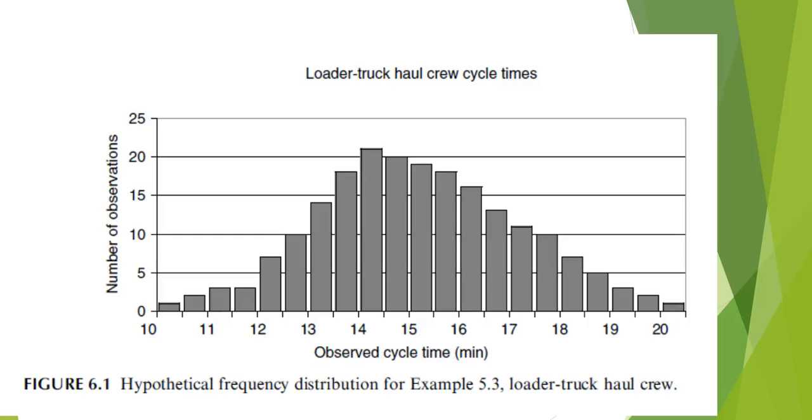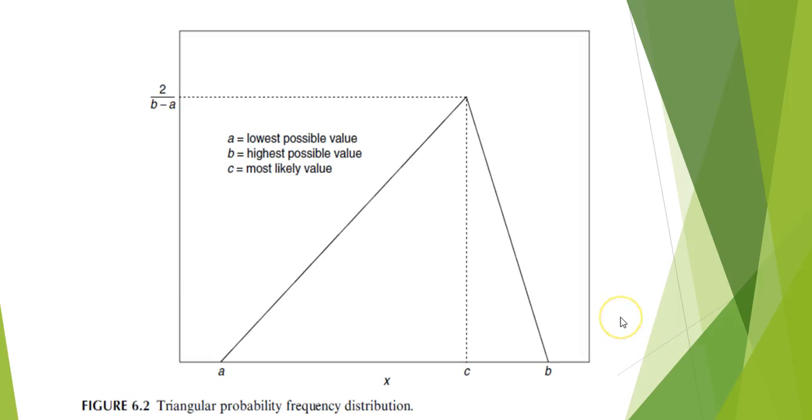If we again go back to this particular frequency distribution of hours, one of the things that we want to be able to do is write an equation so that we can use it in a calculation to make an estimate. And to do that, we're going to try to estimate a standard type of probability frequency distribution.